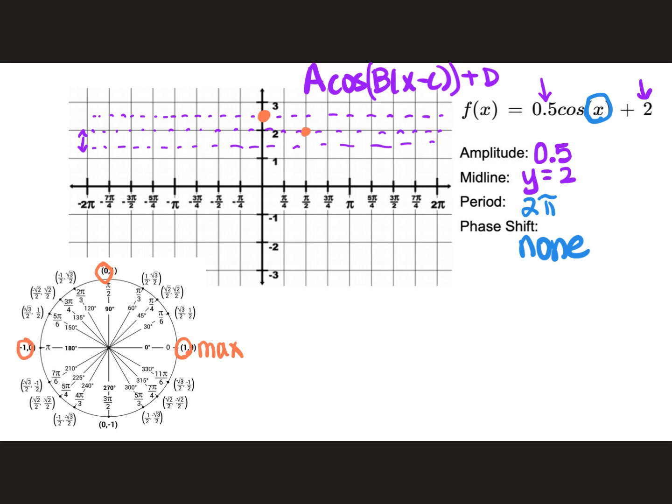When we were at pi, we were at -1, which is the minimum. So at pi, we're going to have a minimum. And this is how you're using those boundary lines to guide you. We're back at the midline for 3 pi over 2. And then we've made a full circle when we got to that 2 pi, so we're back at a maximum.